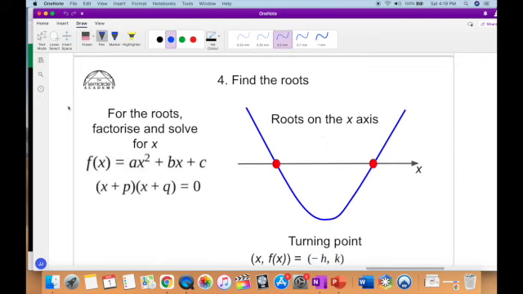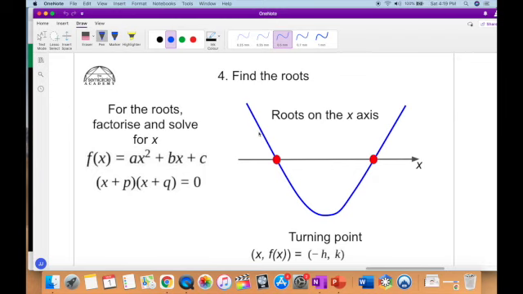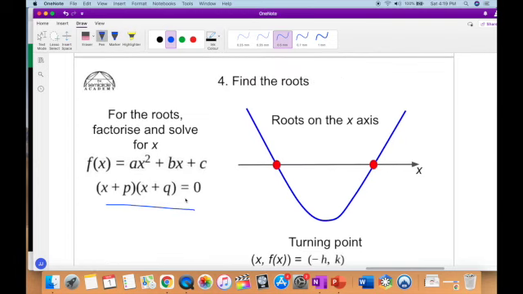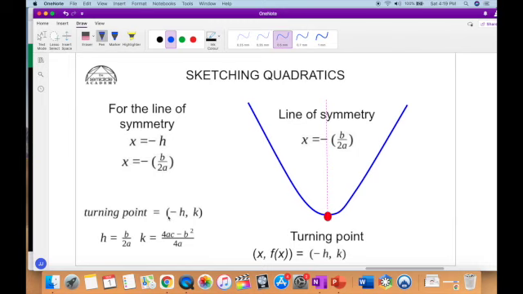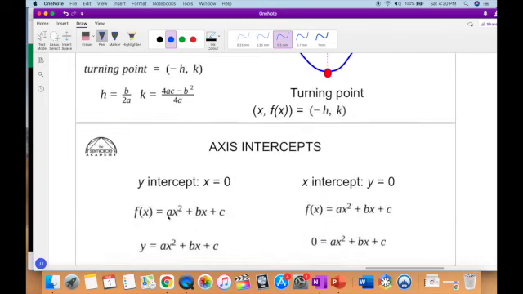And of course, finding the roots. I don't know if you all want to write this down, but it's just simply a matter of factorizing to find the roots. I don't think we need to write that down. The roots are where it cuts the x-axis. This is sort of a summary that we could talk about.